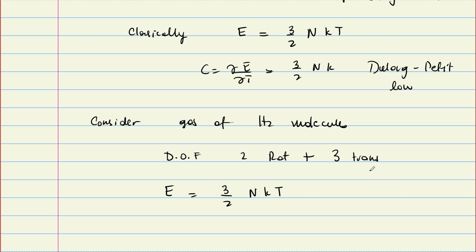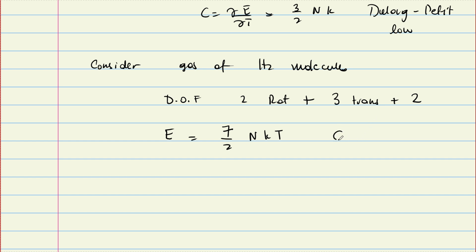There's also this vibration mode, right? For a given harmonic oscillator, what is the degree of freedom? 2, right? What are they? Yes, okay. So this is 2 plus 3 plus 2, which is 7, and this is going to be 7 over 2 nkT.